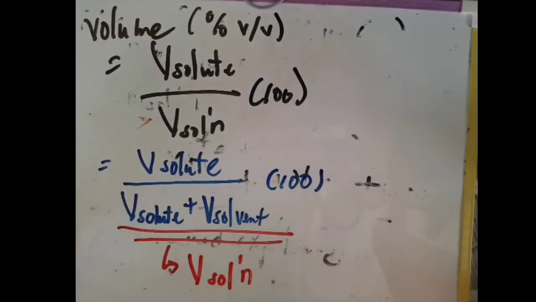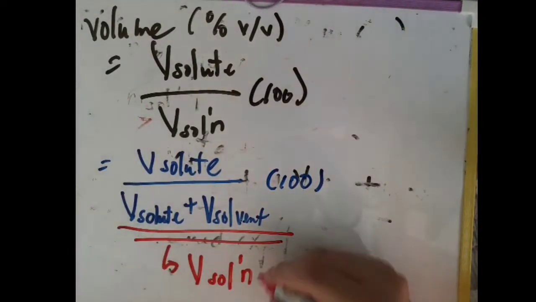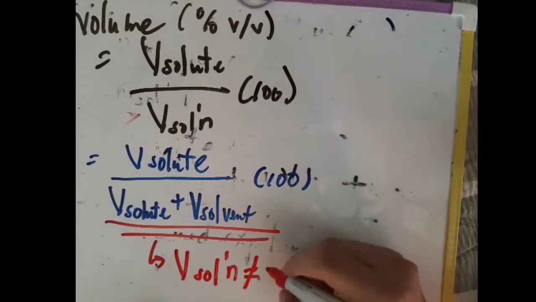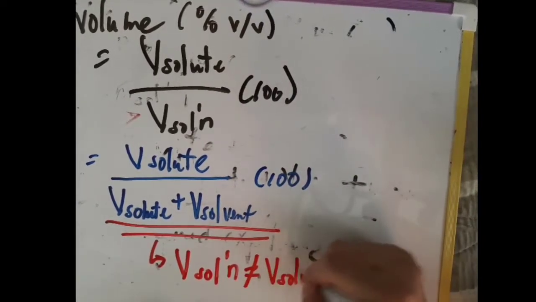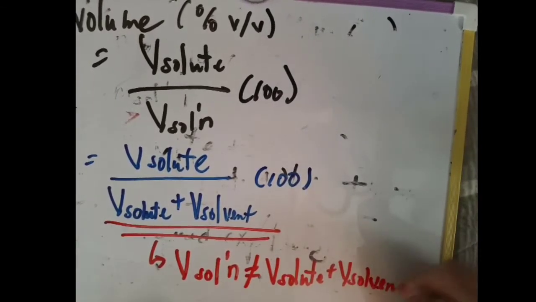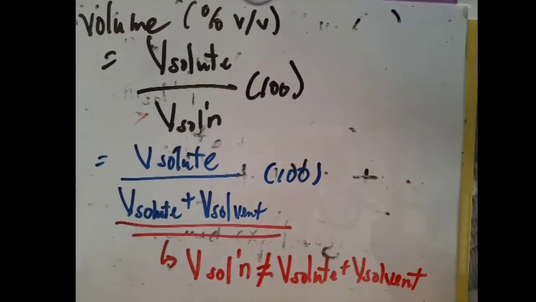Not all the time is the volume of the solution equal to the volume of the solute plus the volume of the solvent. This is really a case-to-case basis. It depends on how the solute interacts with the solvent and vice versa.